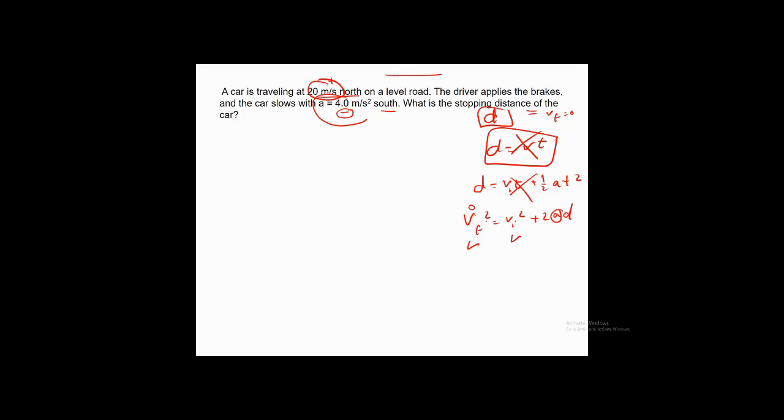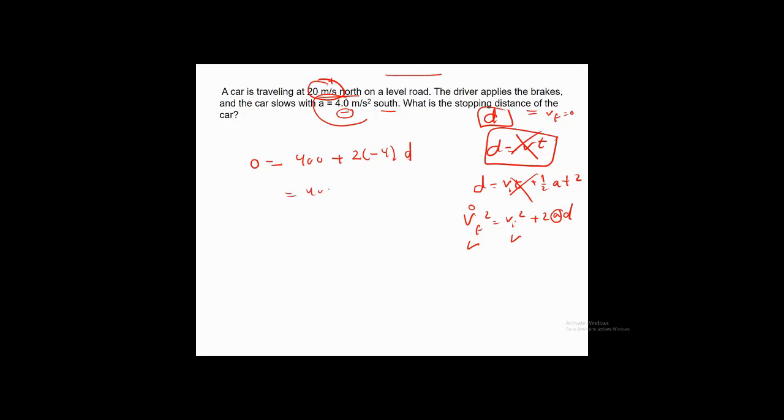So let us apply that to the equation. We have 0 squared equal v initial squared, that is 400, 20 squared is 400, plus 2 times negative 4 times the distance.